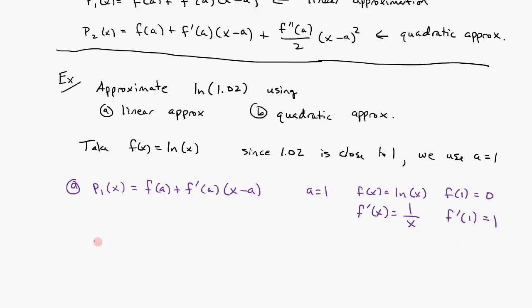So now that we have this computed, we can just plug it into the formula to get the linear approximation. So P1 of x, f of 1 is equal to 0, f prime of 1 is equal to 1, times x minus a, which is equal to 1. So P1 of x, simplified, is just x minus 1.